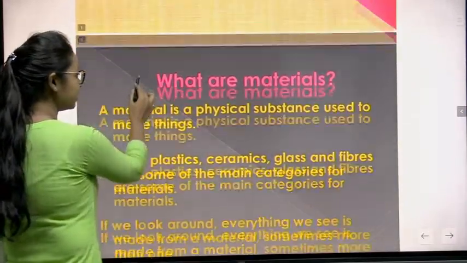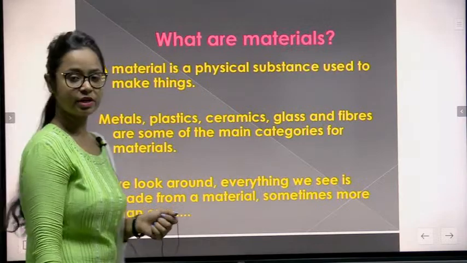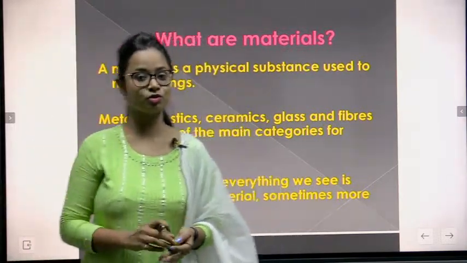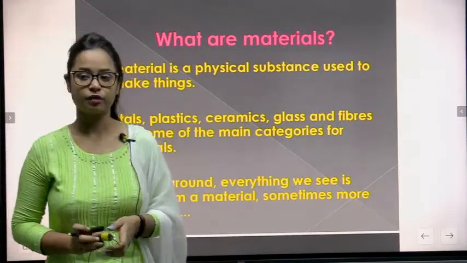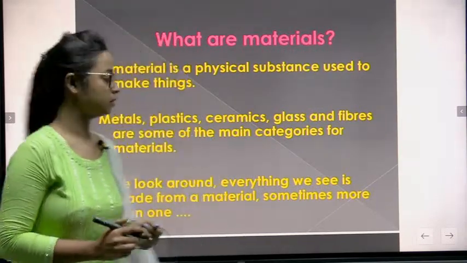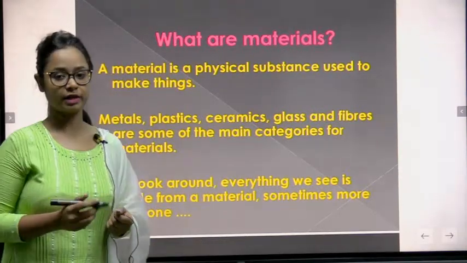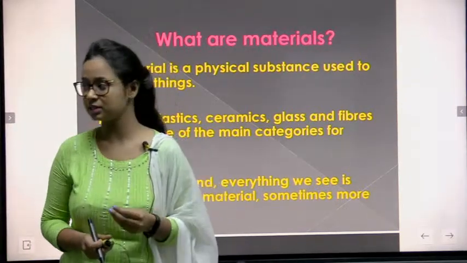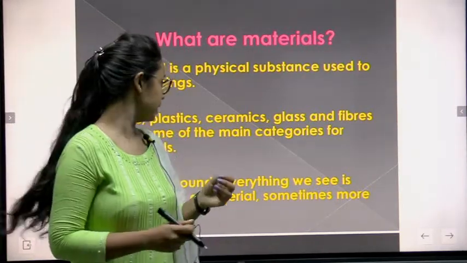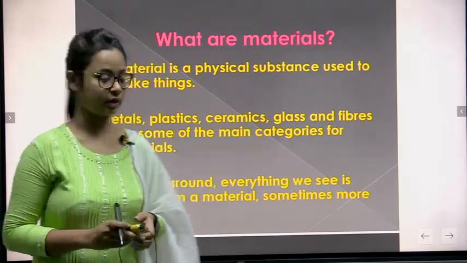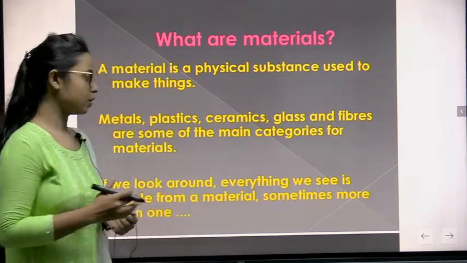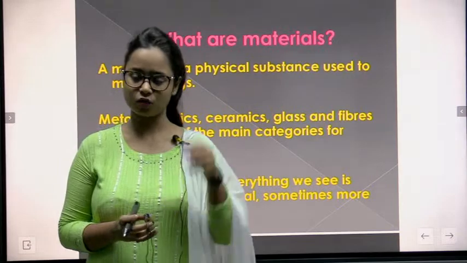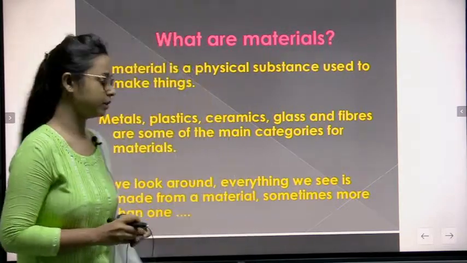What are materials, what are objects? A material is a physical substance which is used to make different kinds of things. For example, metals, plastic, ceramic, glass and fibers, which are the main categories, we use these to make a particular object. If you look around yourself, you can see so many things made up of different kinds of material.